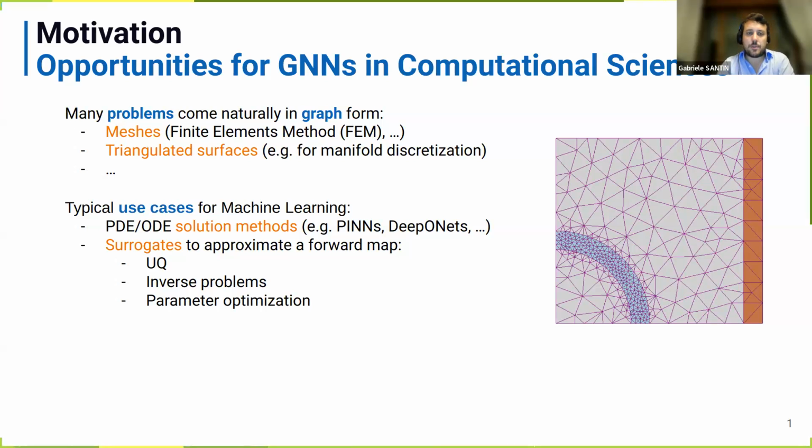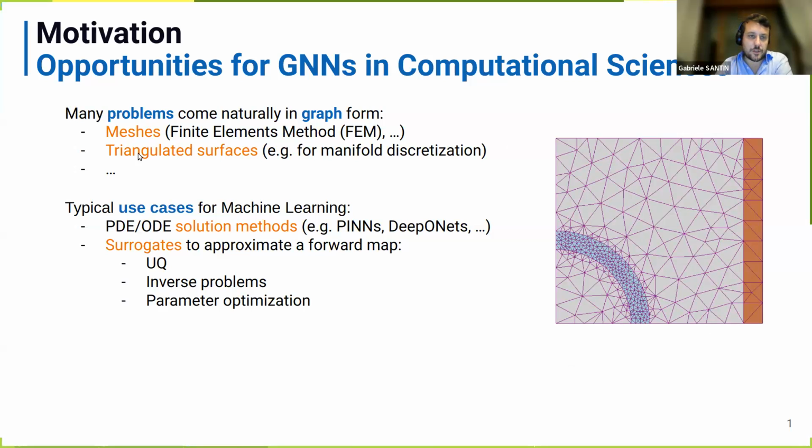Okay, so examples are meshes. So if you solve a PDE by a finite element method, you know that at some point your domain will be discretized by a triangulation. Okay, and a triangulation is of course a graph. So an example is in this picture, and this means that your domain is naturally represented as a graph. Okay, it is no more a continuous domain in the Euclidean space, but really it is a graph.